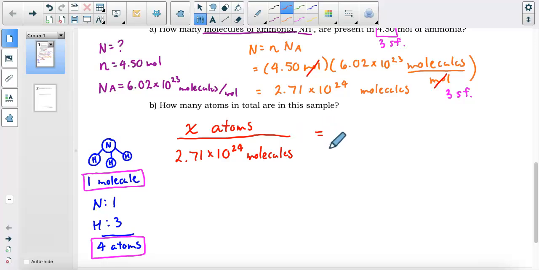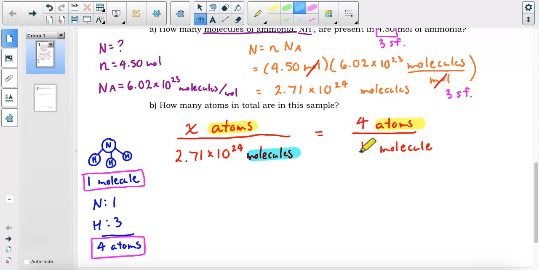This is where we do our sort of unit conversion, or this ratio, so that we have 4 atoms, as you can see, for every 1 molecule. Okay, so you'll notice when you're doing this conversion, the atoms are on the top and the molecule are on the bottom. That's how you know you did it correctly.